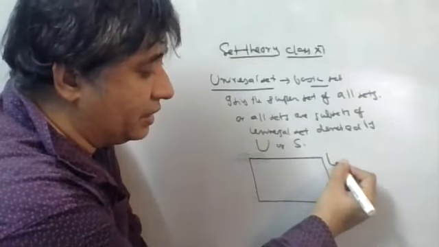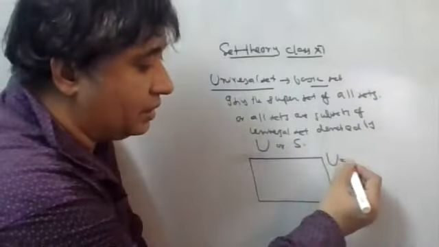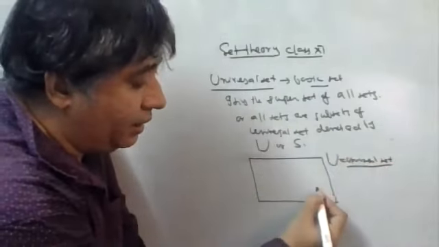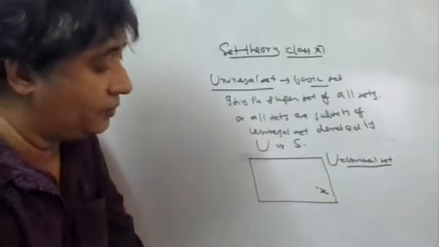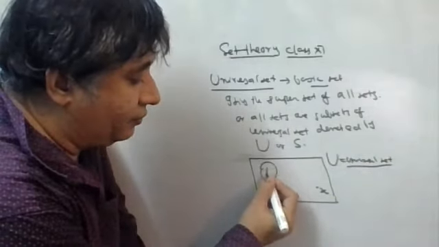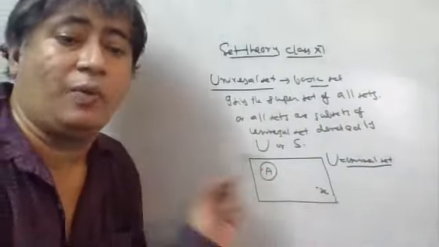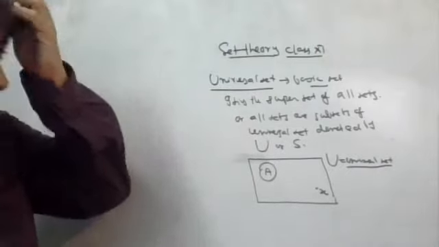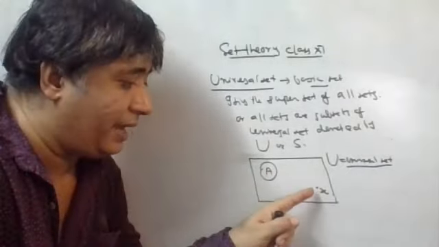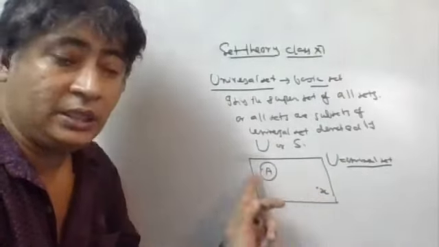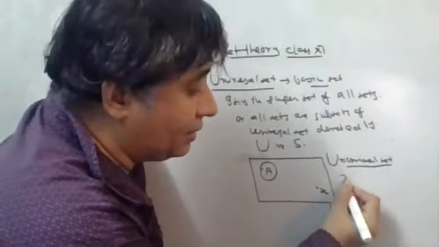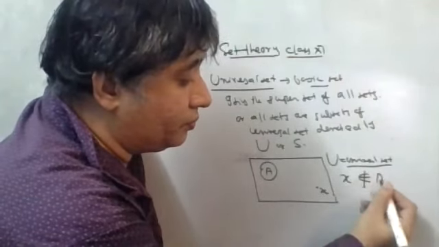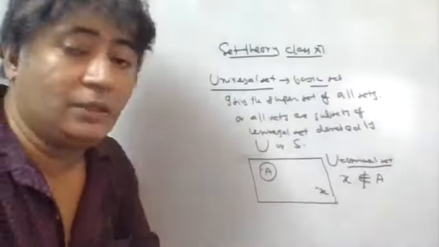Say this is the universal set, and there is an element X and there is a set A. Now what does the figure depict? Does this X belong to A? This figure suggests no. X does not belong to A, and you are quite familiar with the term 'does not belong to'.